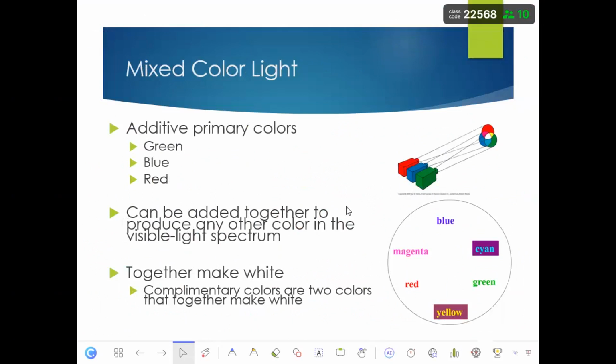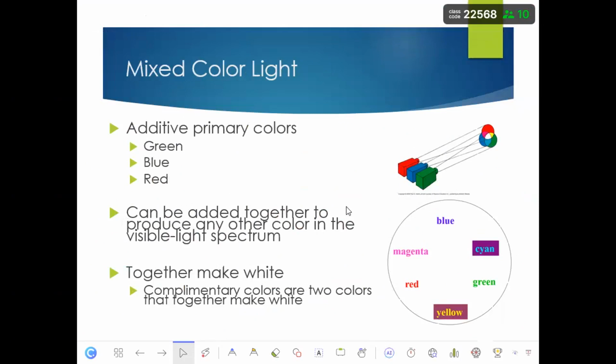Now we have the three subtractive colors. What happens if we add the subtractive colors? Red and blue is what? Magenta.